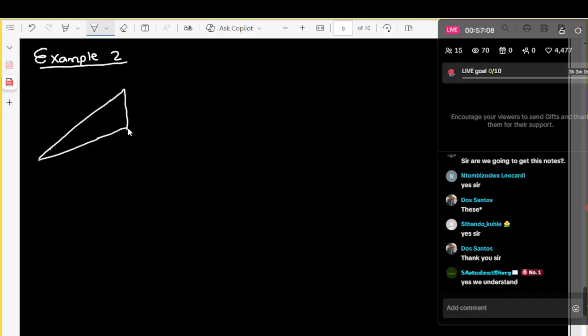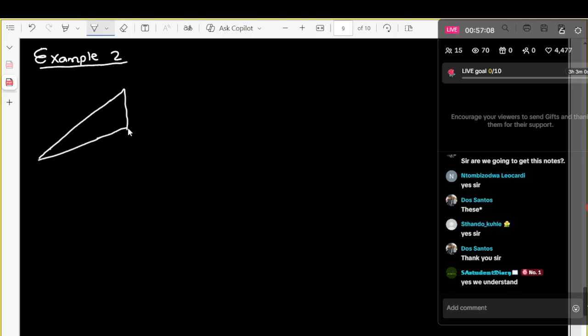So if I call this B, and let's say this is my D, I have C here, A, and then it is given that this line here is equal to that line, and then this is X. So if AC is X, you need to pay attention that BC will also be X.